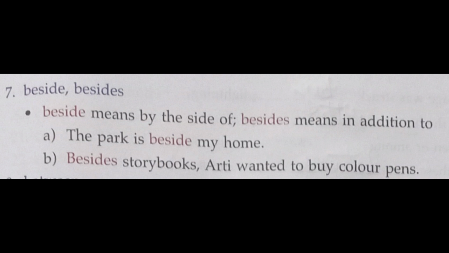For example, my house is beside the school. So here we are mentioning the position of the house with respect to the school. Another example, my school is beside the main road. So here we are mentioning the position of the school with respect to the main road, and it is by the side of the main road.